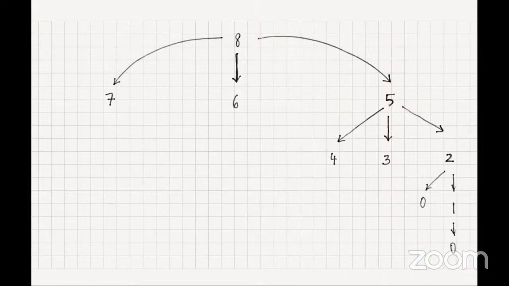From 3, you can be left with 2, 1, or 0, depending on how many you remove. From 1, it's a 0. From 2, it's 1 followed by a 0, or a 0.